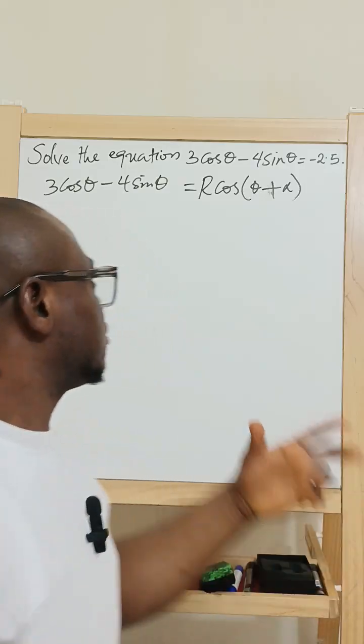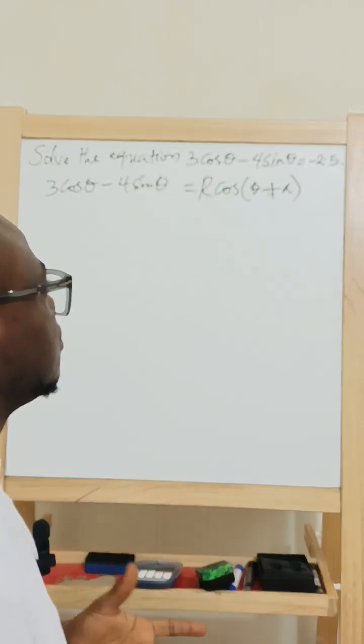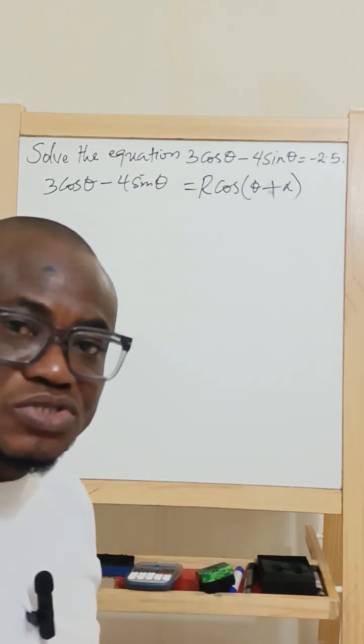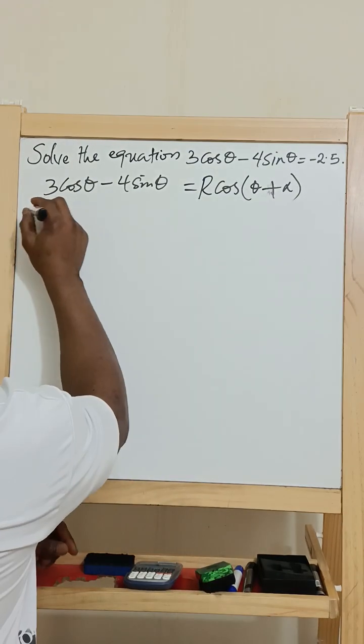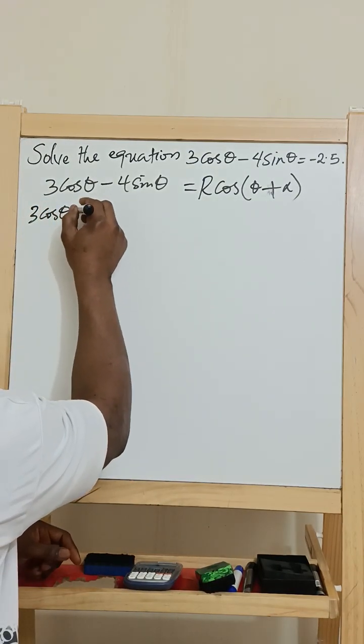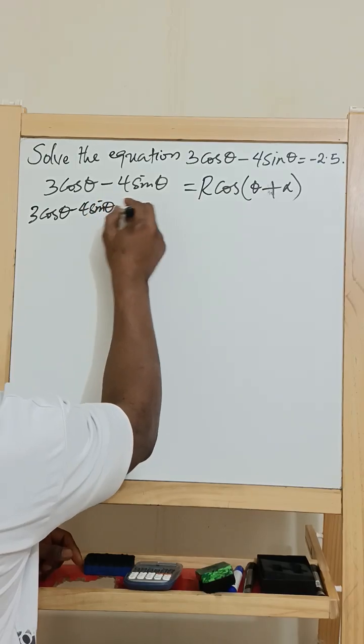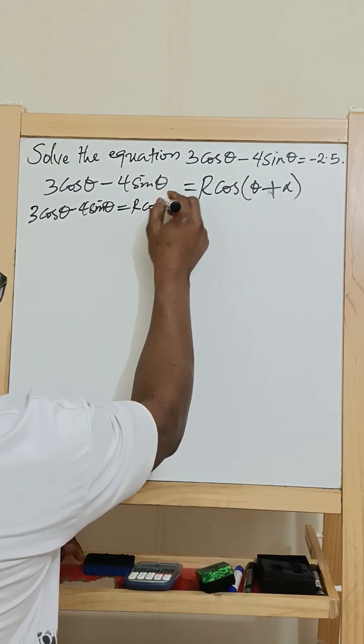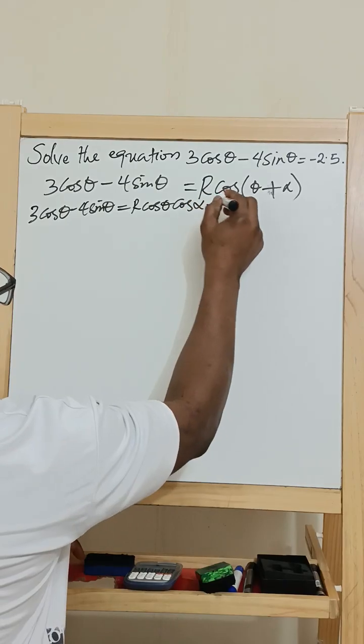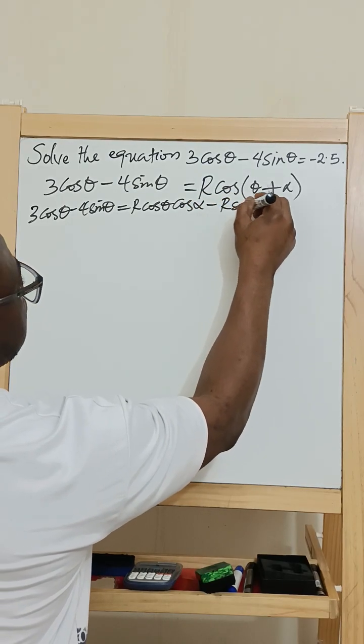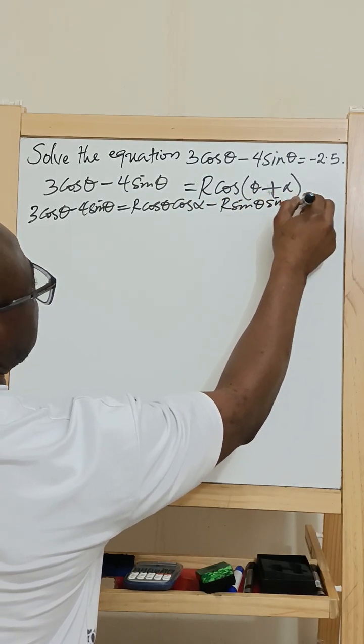After doing that, we'll find r and alpha easily, and then we can go back to the equation to solve it. So 3 cos theta minus 4 sine theta equals r cos theta cos alpha minus r sine theta sine alpha.